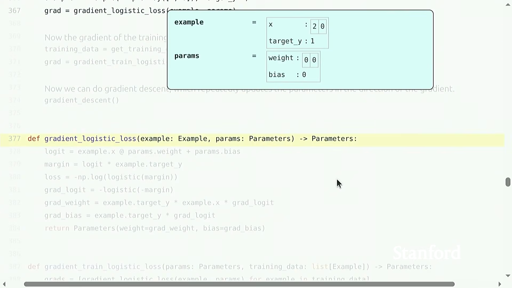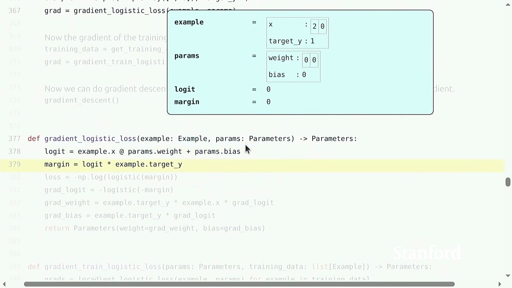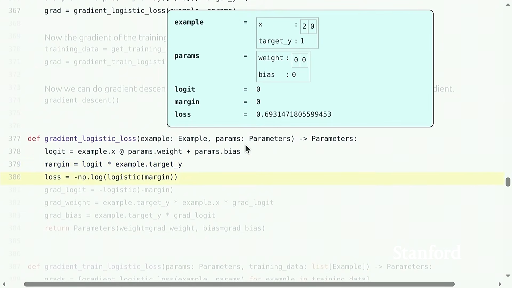Okay, so let's take the gradient of the logistic loss. Just remember the definition of the logistic loss. I have the logit, which is the dot product between the input vector and the weights, and the margin, which is the logit times y, and then the loss, which is minus log of the logistic of the margin.